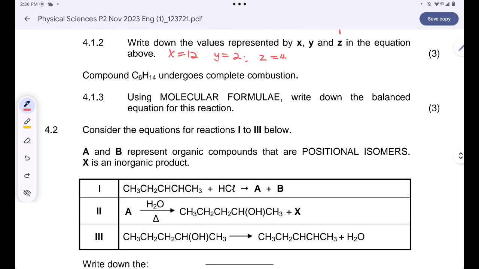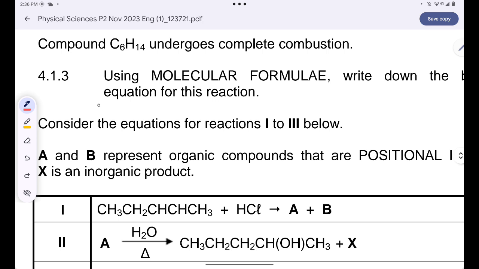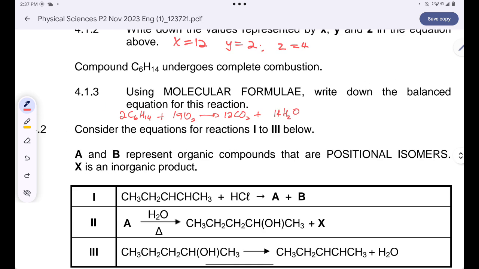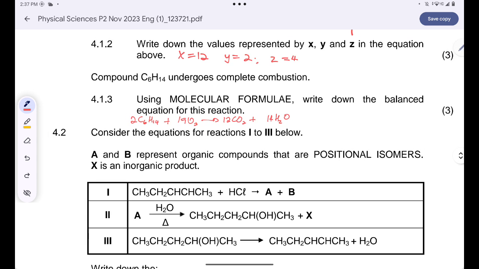So this is how we will write it: 2C6H14 plus 19O2 gives us 12 CO2 plus 14 waters.